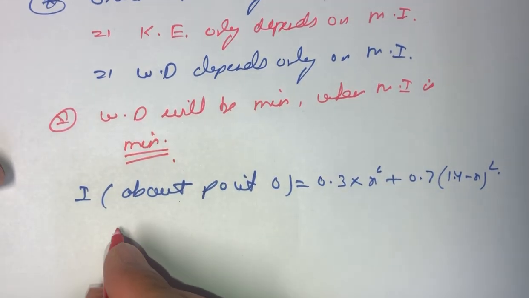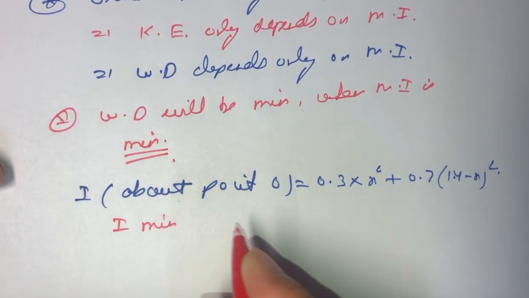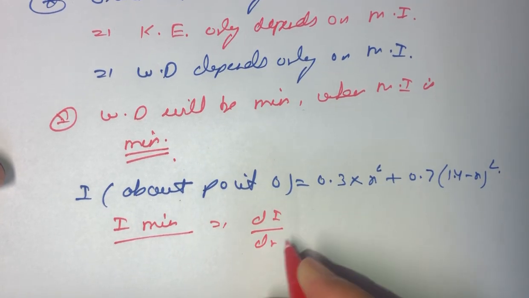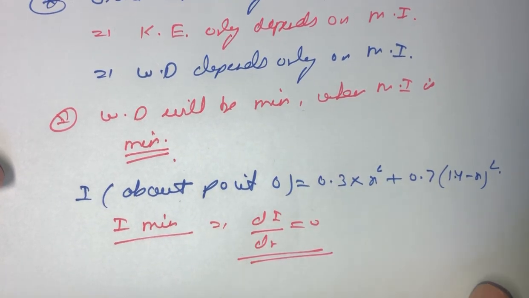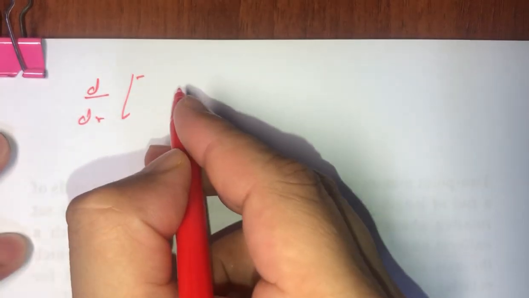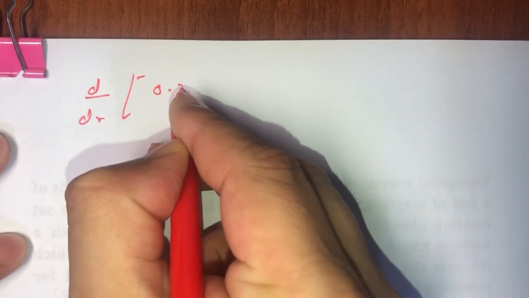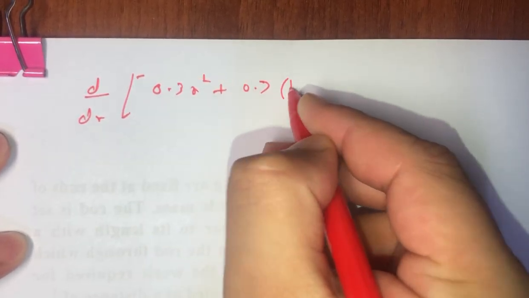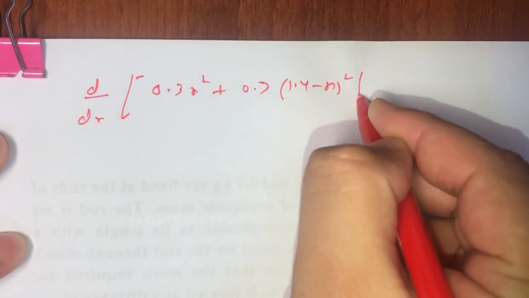So for I to be minimum, we can say dI upon dx should be equal to 0. So we are going to simply differentiate the equation. d of dx of 0.3x square plus 0.7 times 1.4 minus x whole square is equal to 0.